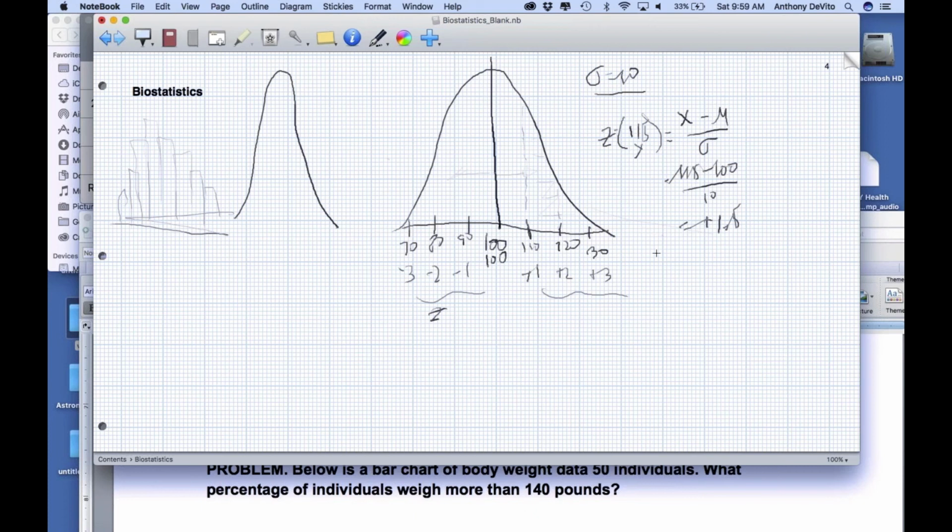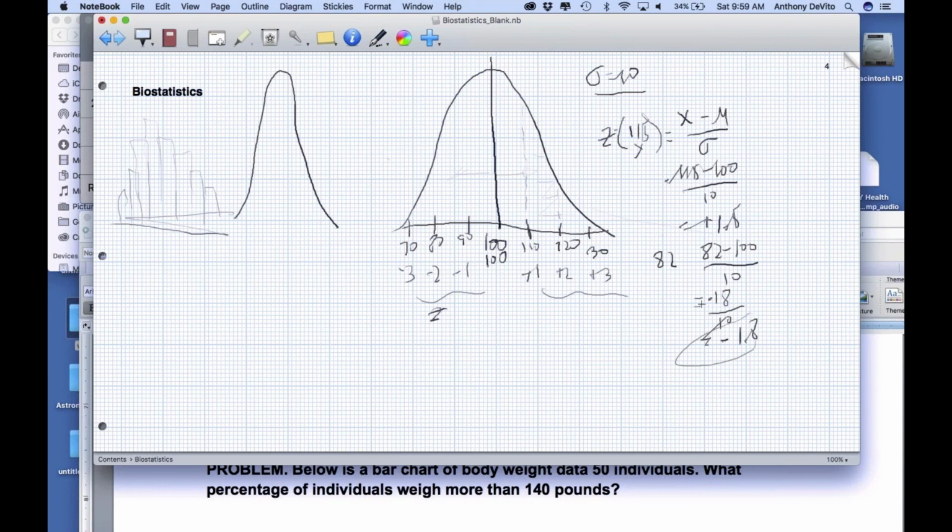Similarly, if we were looking at a Z-score for, say, 82, that would be 82 minus 100 over 10, which is going to be negative 18, right, because it's smaller, over 10, which is equal to minus 1.8. That's our Z-score.